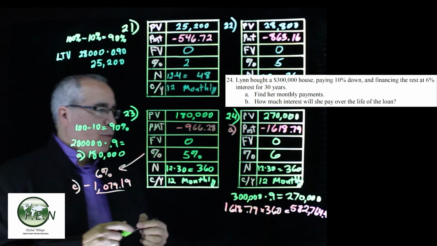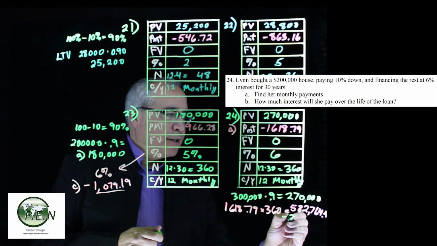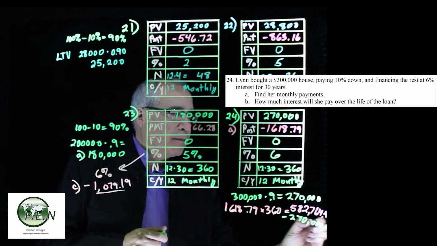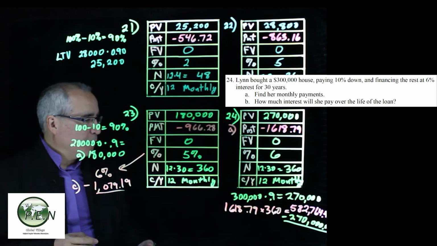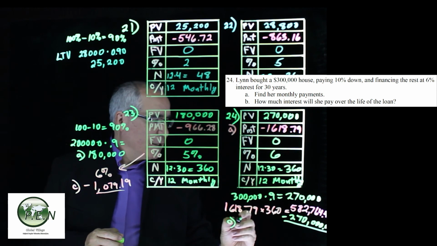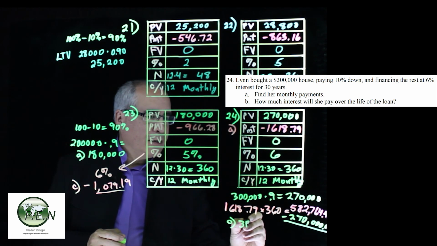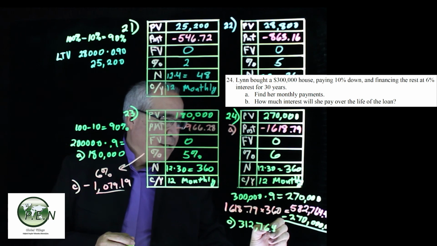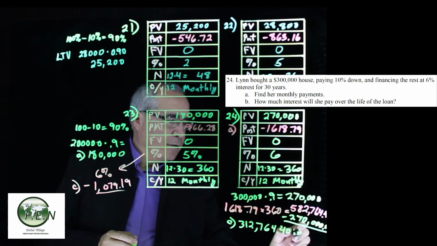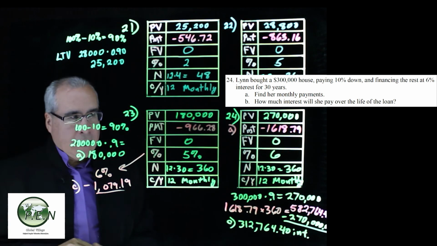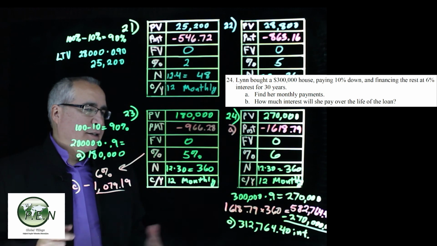We subtract off what the mortgage company gave her, the 270. And when you do this subtraction, you'll find out that for the C part, she paid $312,764.40 in interest if she keeps it for the life of the loan. So that's a lot, right?